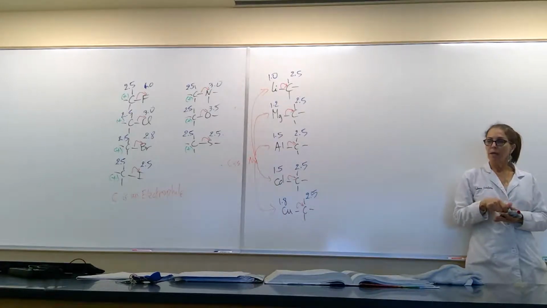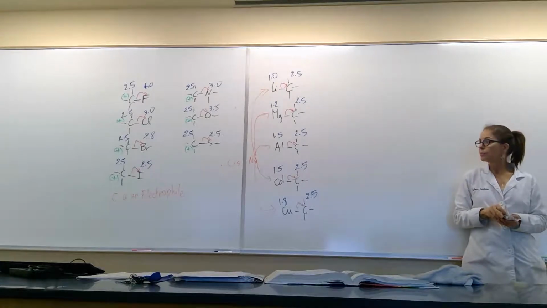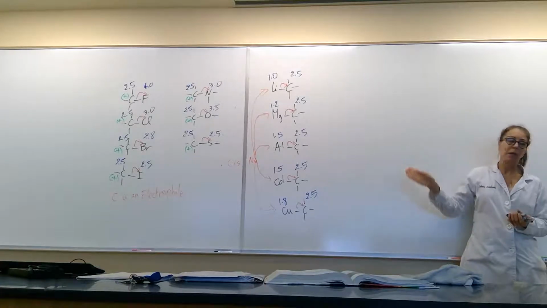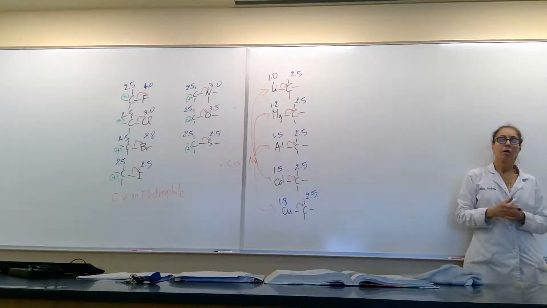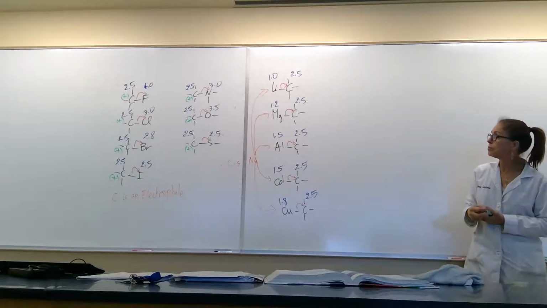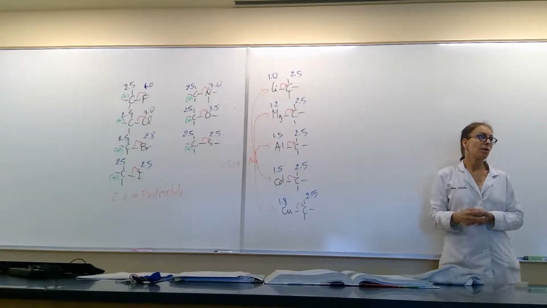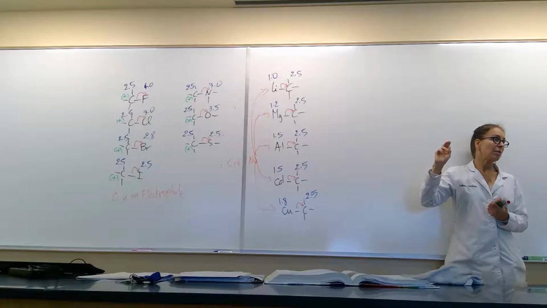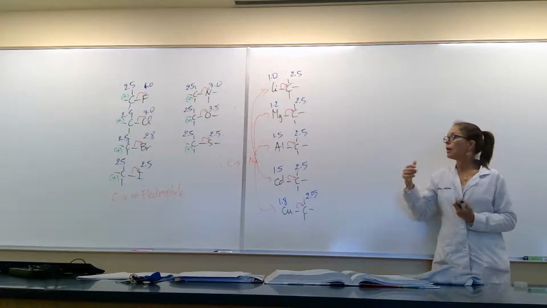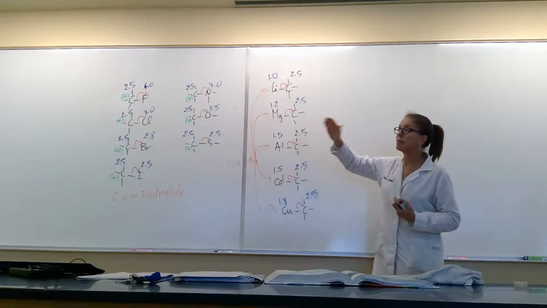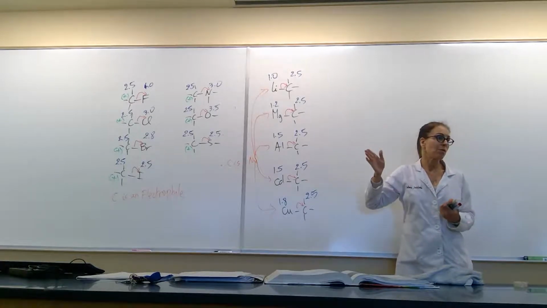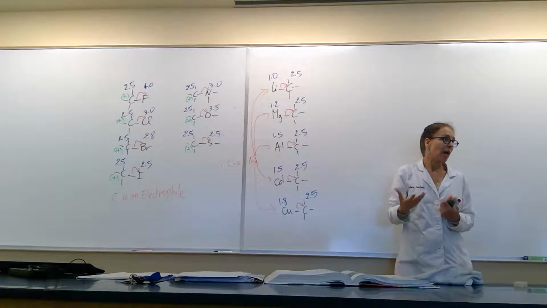So which of these is the most reactive, just based on what I put on the board? Lithium is the most reactive. As you can see, lithium and carbon are in the same row. Lithium is much less electronegative, so carbon will pull much harder. Magnesium is next to lithium and next to sodium, so it's slightly less reactive.